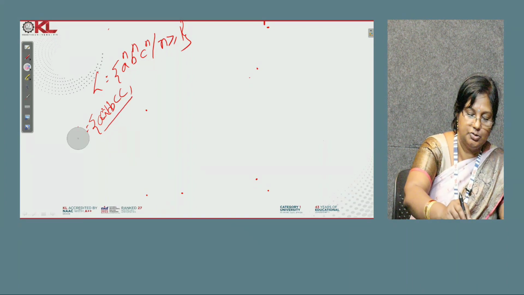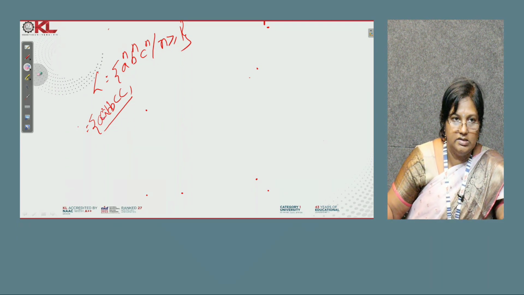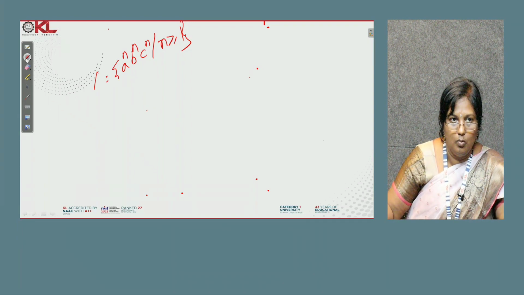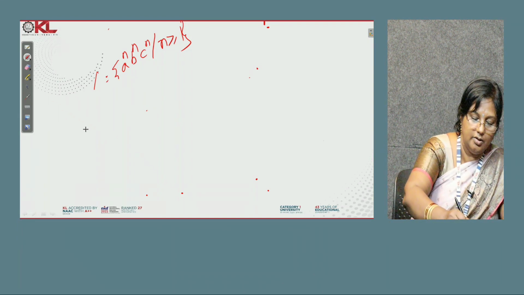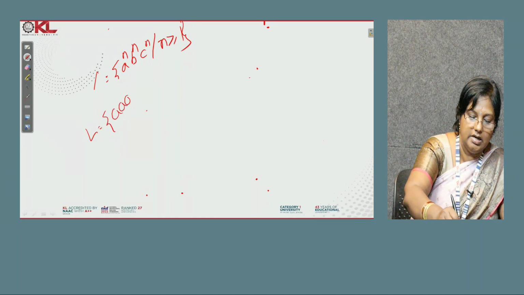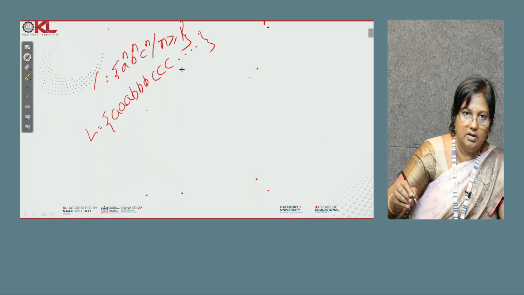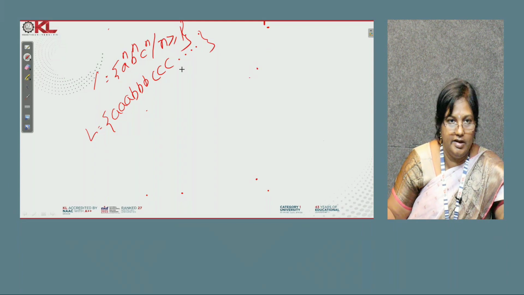So this is the first string. What is the second string? Suppose I take n equal to 3. L will have A three times, B three times and C three times, and so on. These are the different strings that are there in L.